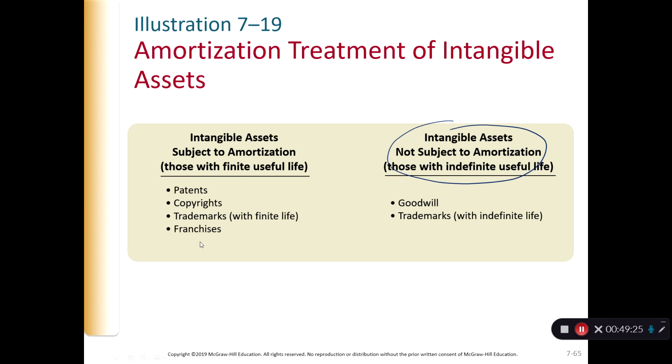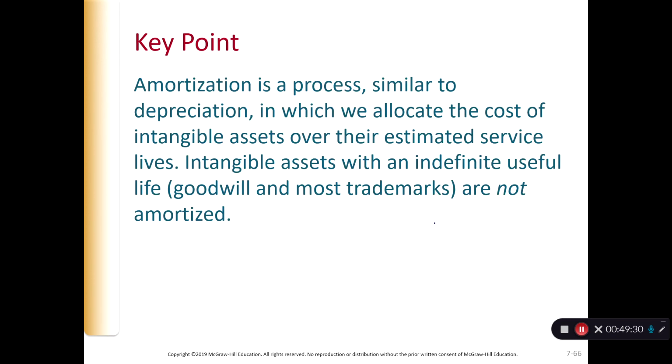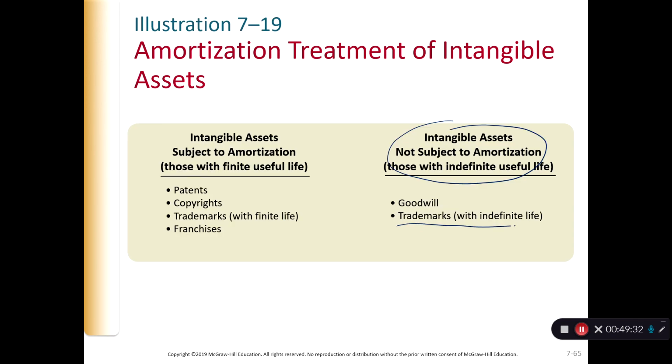Okay, for example, suppose Little King acquires a trademark, and that trademark is supposed to have an indefinite life. And there's a trademark that has a finite life. When we consider the life of Little King's trademark for its name to be indefinite, we do not amortize it. But when we find out that the trademark they purchased from someone else has a finite life, we amortize it.